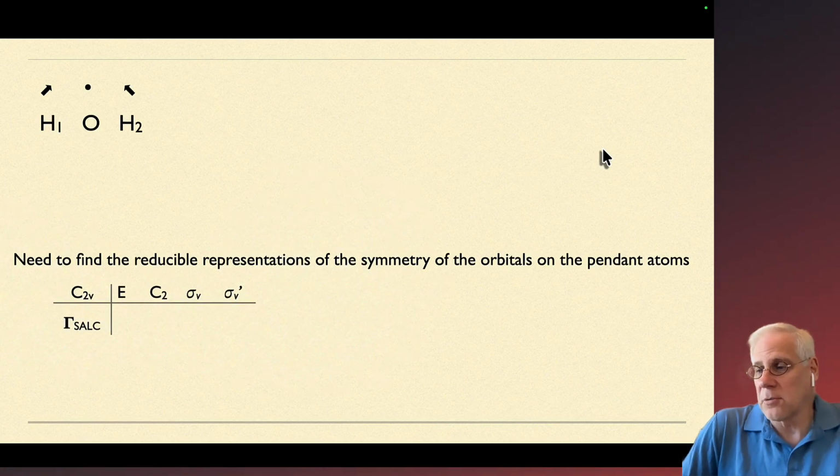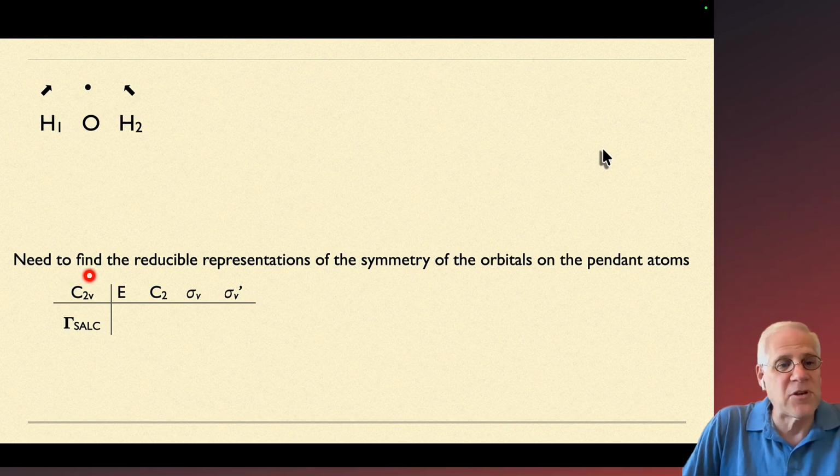So here's just a table that we're going to go through and fill in. We have our C2v symmetry. The operations in C2v are an E operation, the identity. Water has a C2 axis, and that's indicated in the C2v character table, we have a sigma v and a sigma v prime.